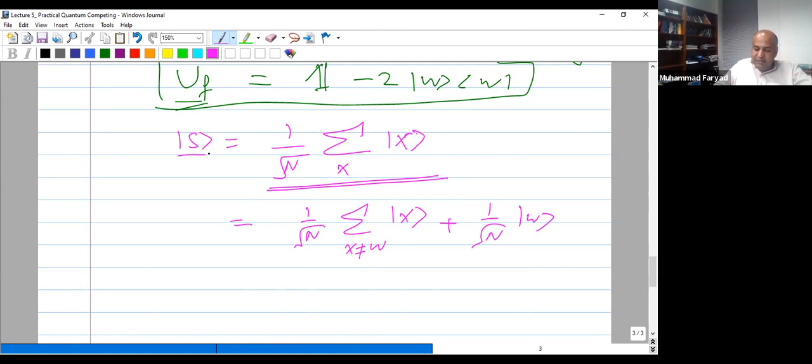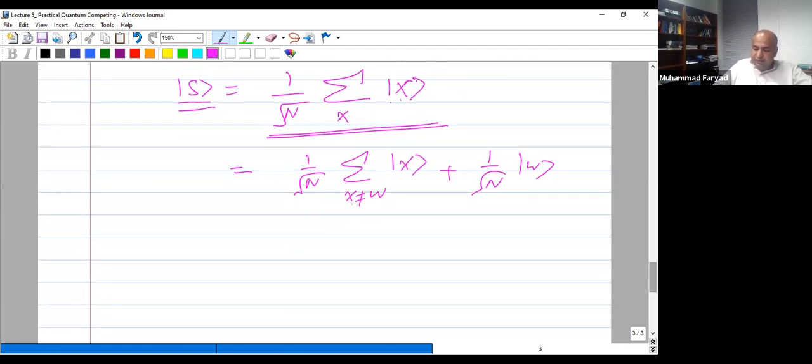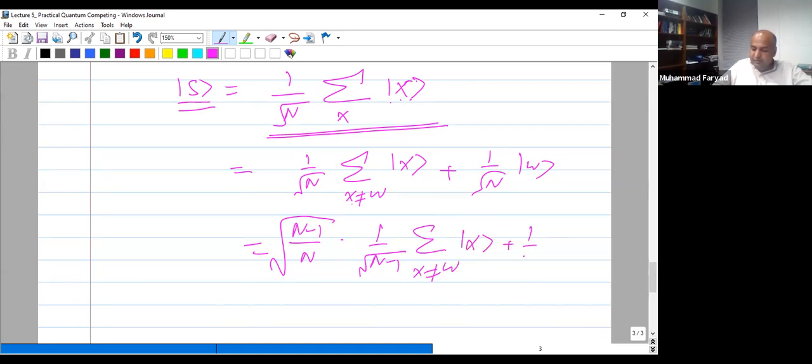Okay, from this S state, I have just written the W state, which is the solution, separately. So this is now a sum over all X other than W. And what I can do is multiply with the square root of n minus 1, so this is 1 over the square root of n minus 1, sum over X not equal to W, of X.